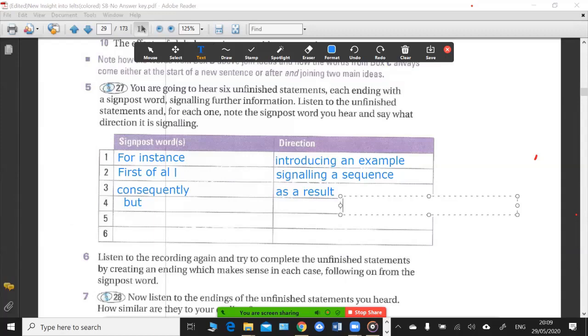What will be the direction when you say but? What do we say when the but is coming? It means opposite. And there was another word: contrast. These are the two words we studied above in the exercise.